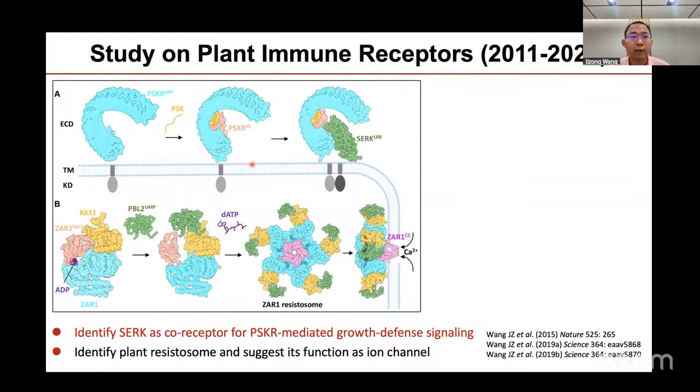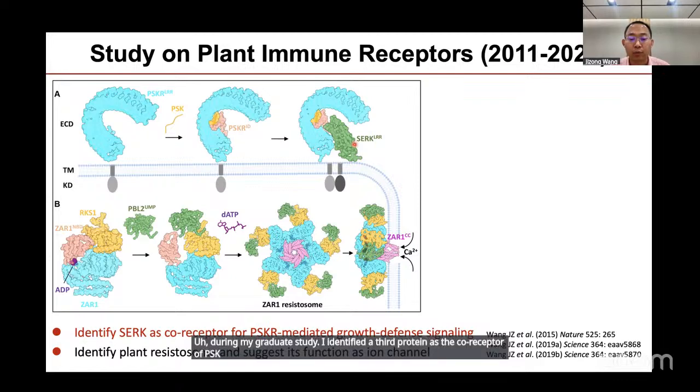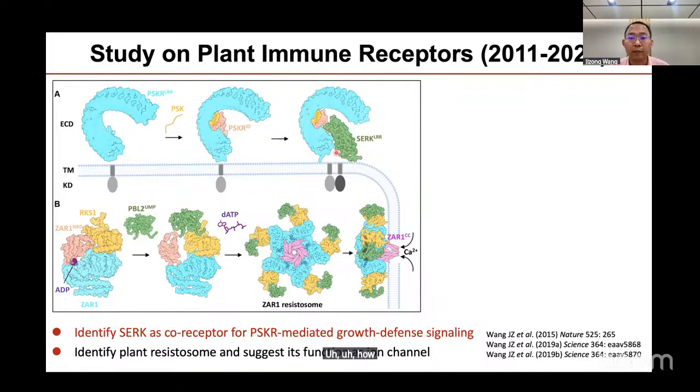During my graduate study, I identified the SERK protein as the co-receptor of PSKR-mediated growth-defense signaling. How did I find it? I first solved the structures of PSKR in free and PSK-bound forms.